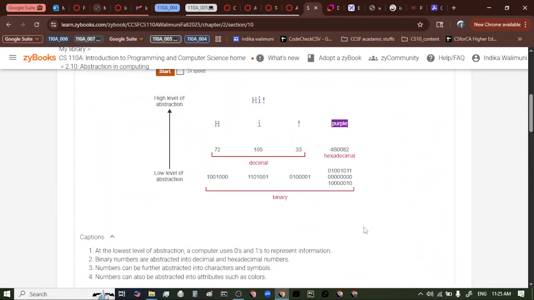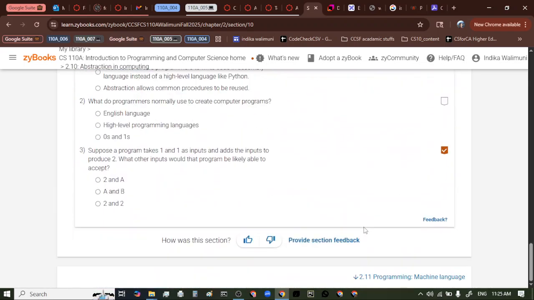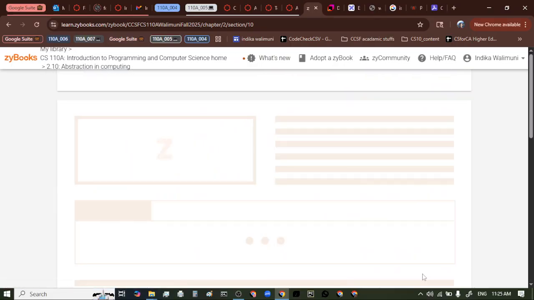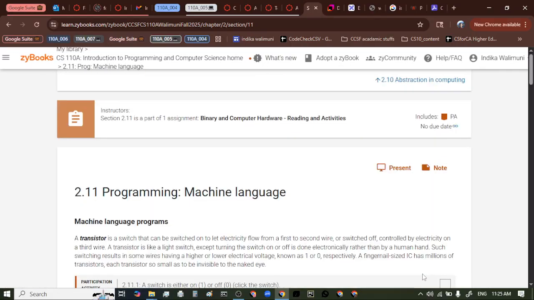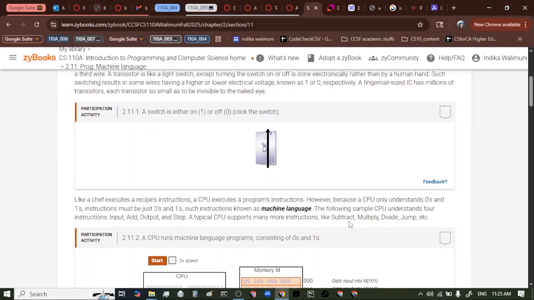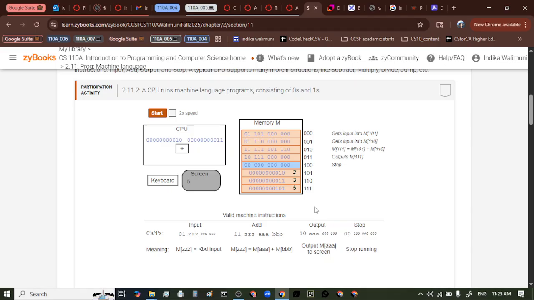The other day we covered abstraction. So I'm gonna go to the machine language. All right. So in the CPU levels, basically inside the computer, everything is actually in zeros and ones, right?